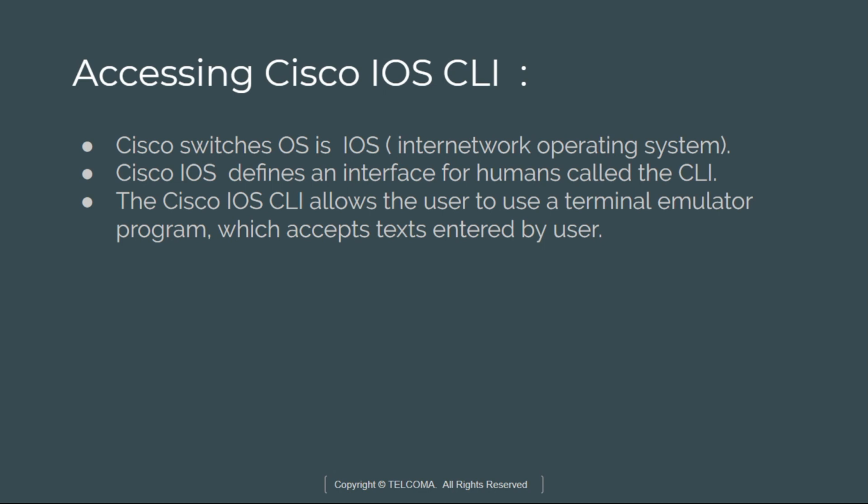So this IOS allows the user to use an emulator program which accepts the text entered by the user. When the user presses enter, this emulator sends the text to the switch. The switch processes that text as if it is a command, does what the command says and sends text back to the emulator.